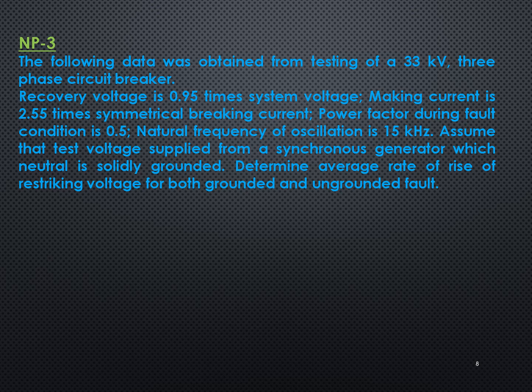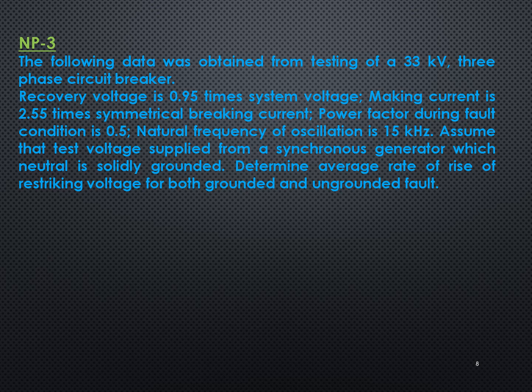Power factor during fault condition is 0.5. Natural frequency of oscillation is 15 kHz. Assume the test voltage is supplied from a synchronous generator whose neutral is solidly grounded. We have to determine the average rate of rise of restriking voltage for both grounded and ungrounded fault conditions.